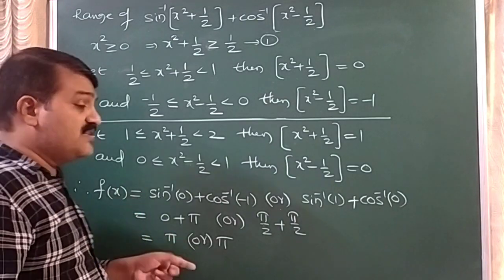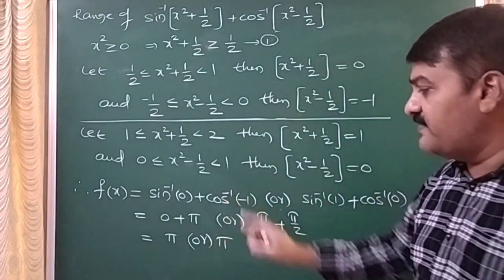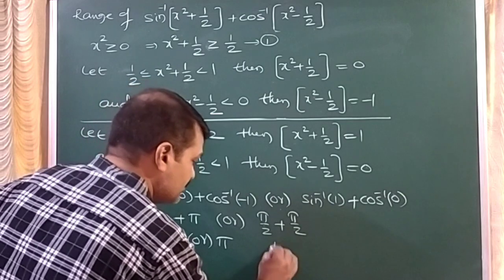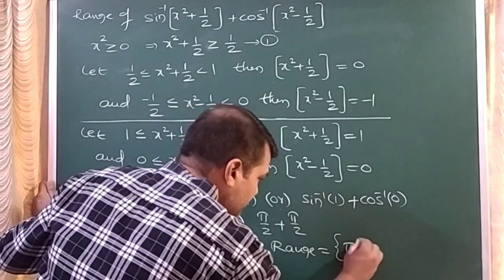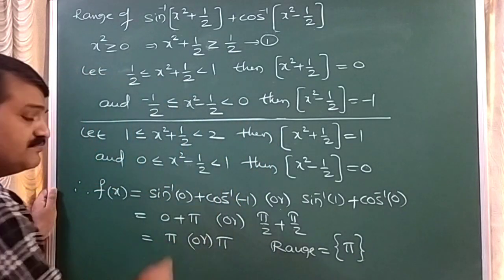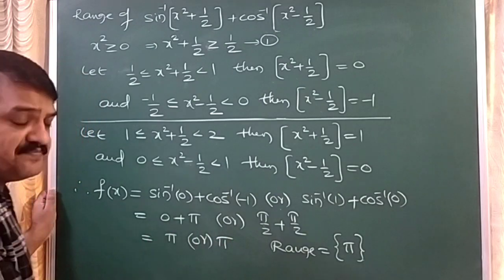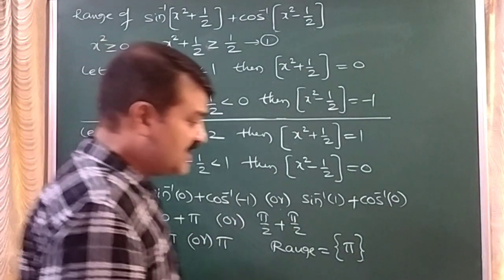So what is the range of f(x) now? The range of f(x) is the singleton {π}, only π. We don't have two distinct values, both are the same. So the range of the function is π only, a singleton set.